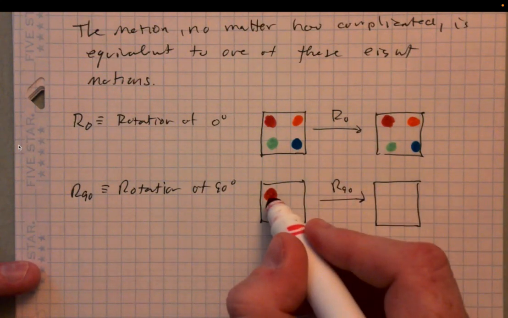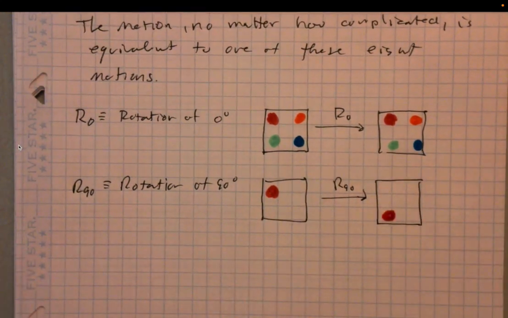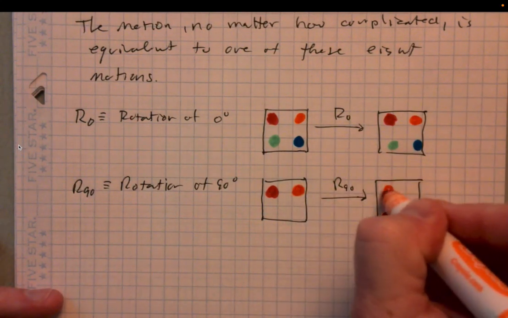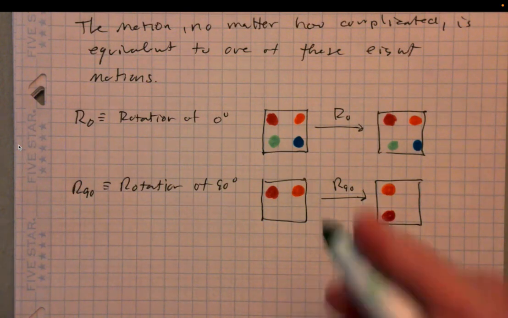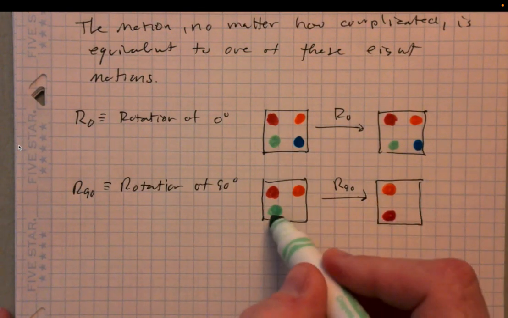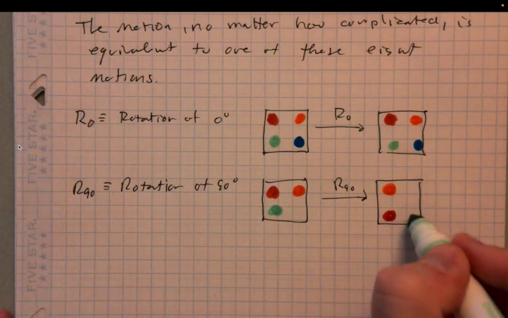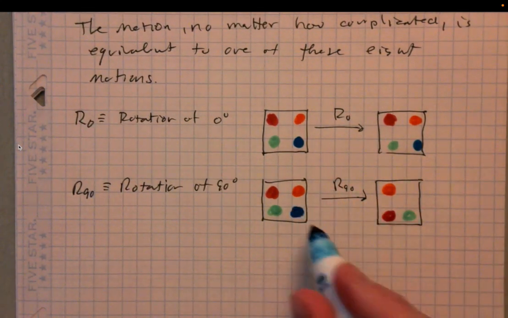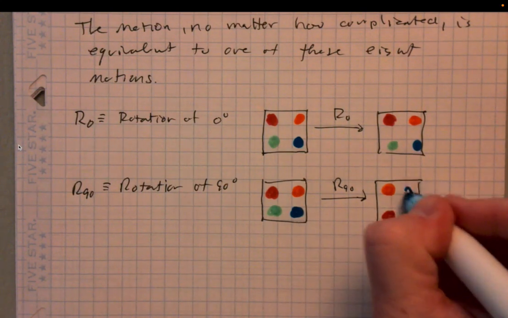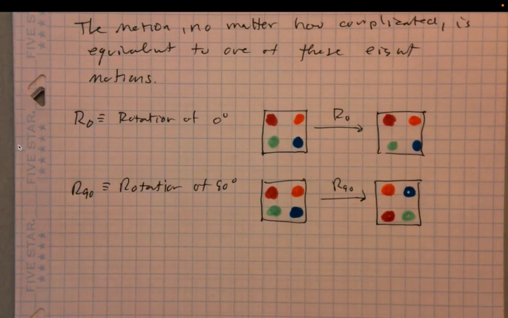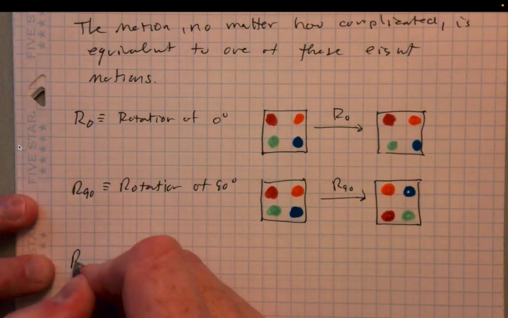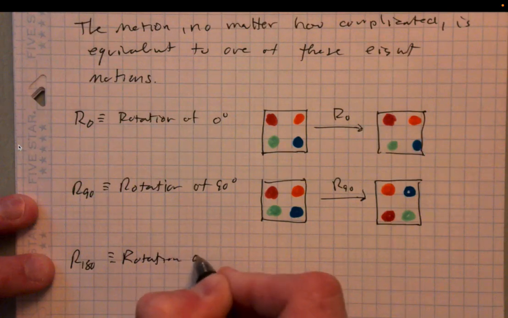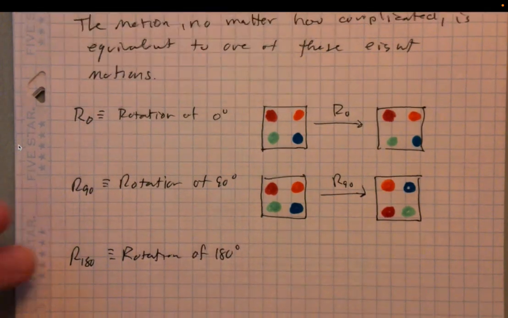So pink rotates from up top to down at the bottom, and the orange would go from here to here. The green starts out here, and it's going to rotate over to here. The blue starts out down here, in the original position, and it's going to rotate up. There's R90. Okay. R180 is a rotation of 180 degrees.